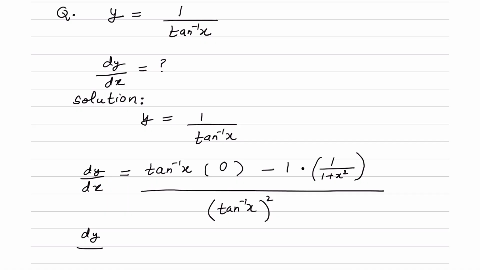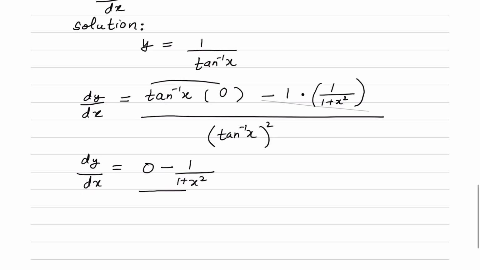Now simplify this. This becomes 0 minus 1 over 1 plus x square, divided by the whole square of tan inverse x.